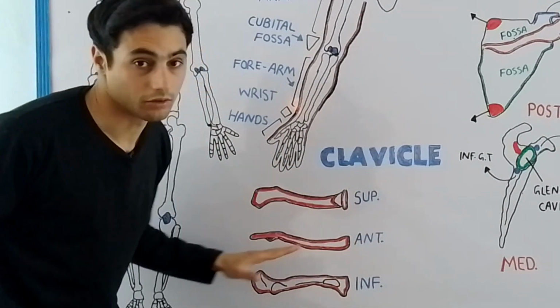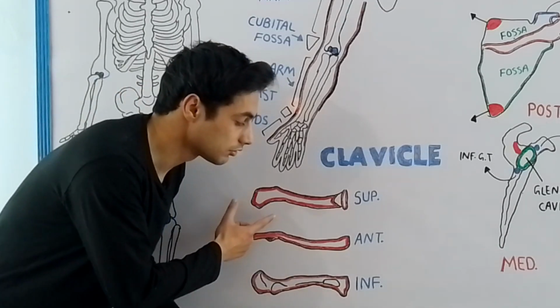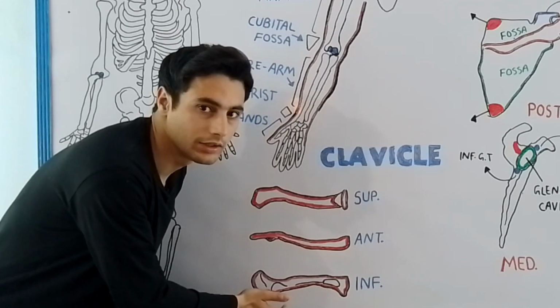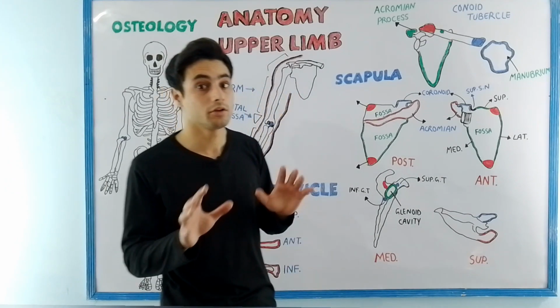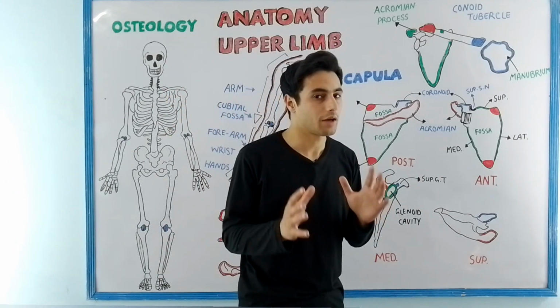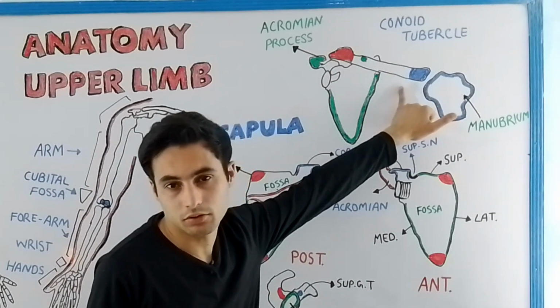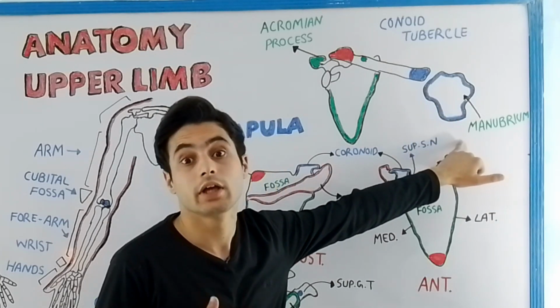If you look anteriorly, the clavicle will look something like this. This is the superior view and this is the inferior view of the clavicle. Now, the clavicle is forming 2 important joints, one with the sternum bone and the other with the scapula bone. Have a look. The one end of the clavicle is forming the joint with the manubrium of the chest bone.